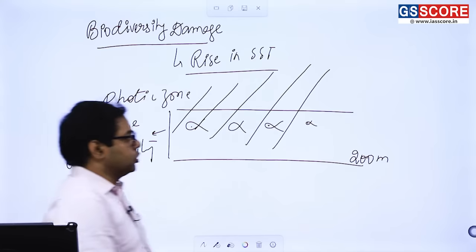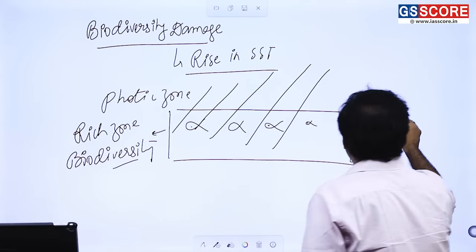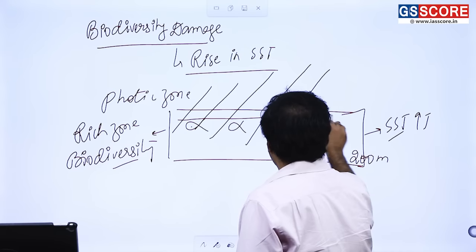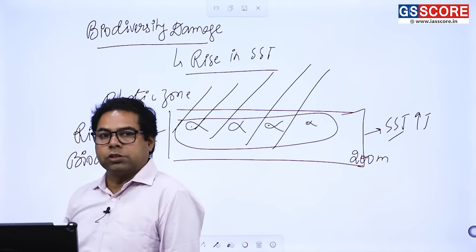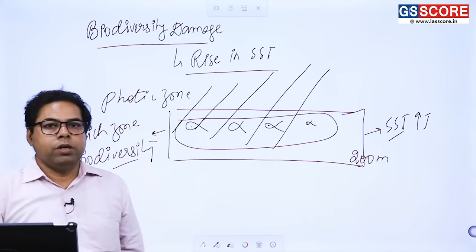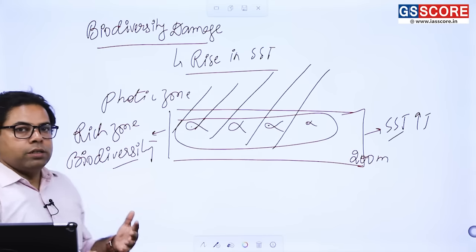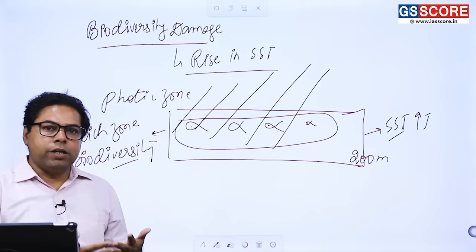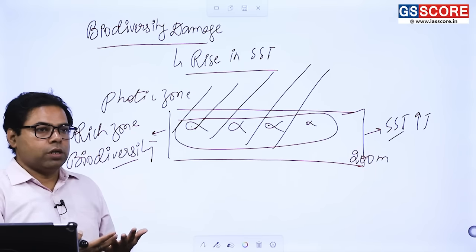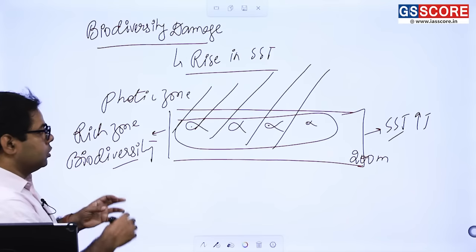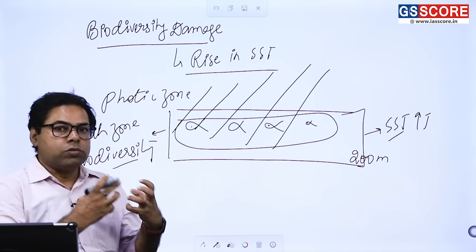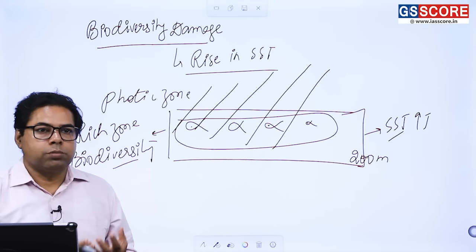If the sea surface temperature increases, this will also affect the life of the oceans. Because of the rise in temperature, their natural habitat also will be distorted. These species will start migrating from one ocean to another, where they will find suitable conditions for their habitat. This situation in the ocean water will also disturb the concentration of marine life.